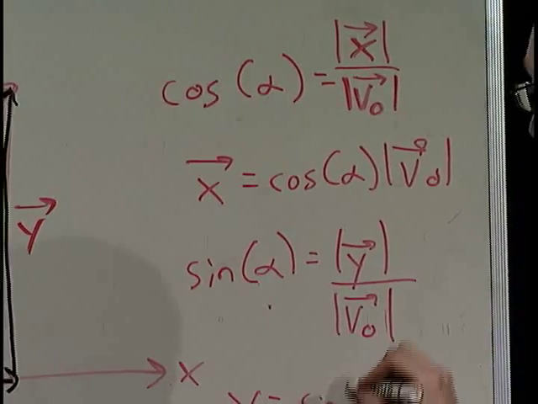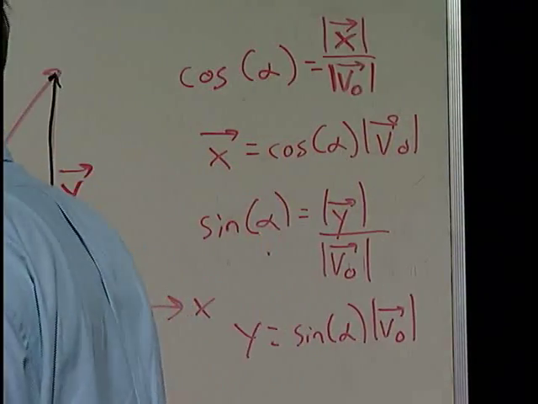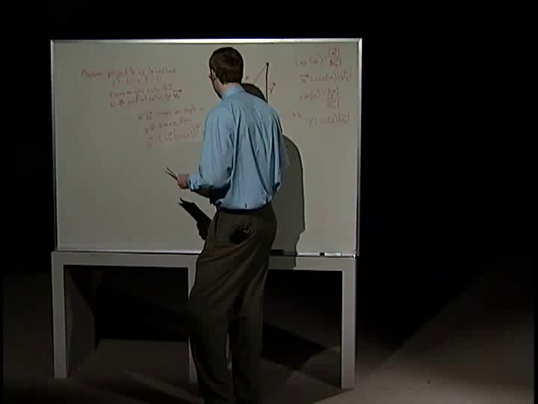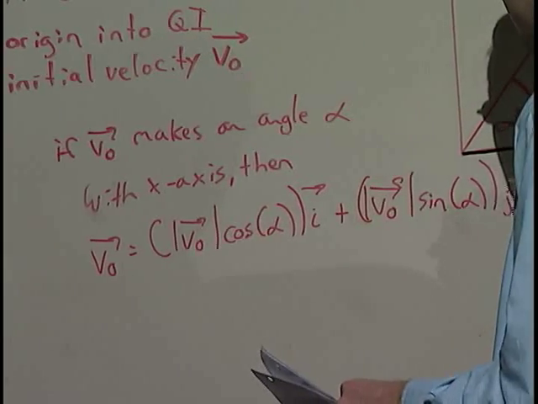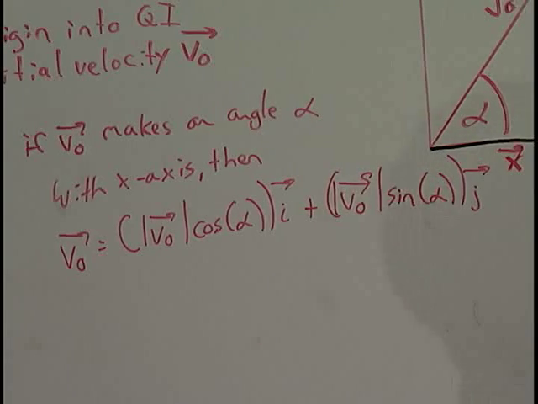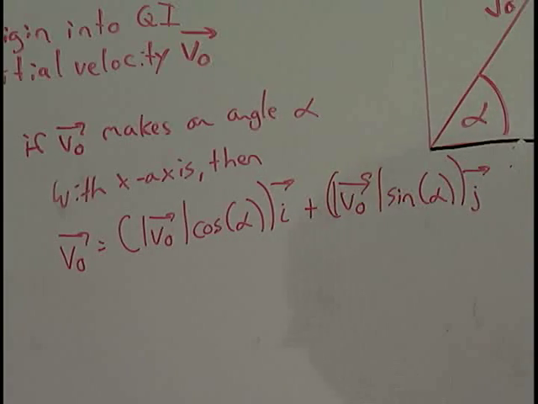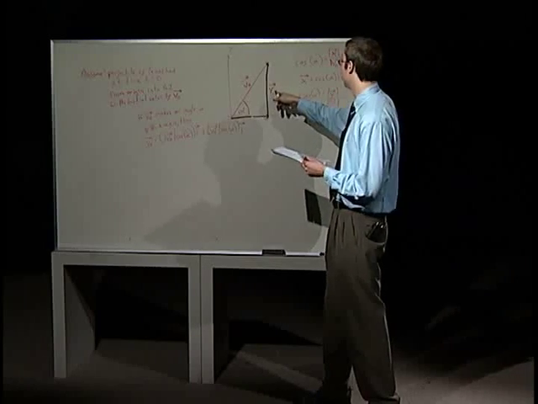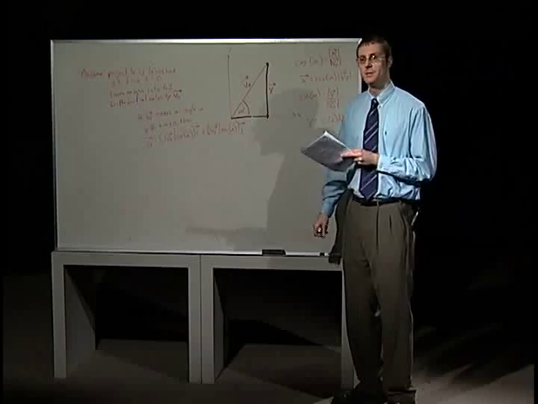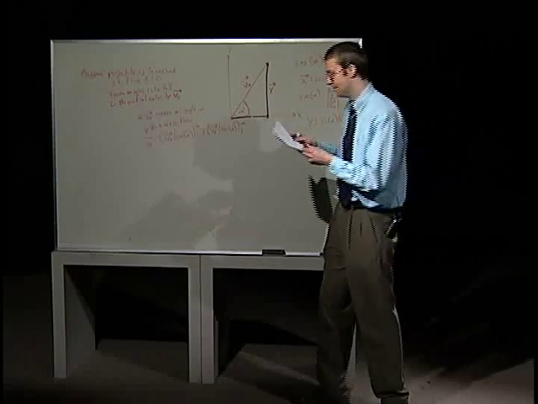So y is equal to sine alpha times v0. So the jth component is the length of v0 times sine alpha. So there are your ith and jth components: v0 cosine alpha, v0 sine alpha. And again, sine and cosine in the first quadrant are both positive, so it doesn't make a difference whether we put them inside absolute value or not, so we'll leave them off.